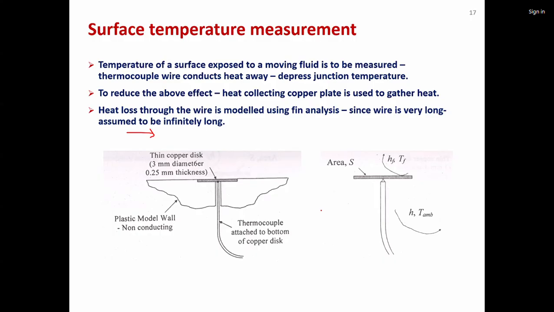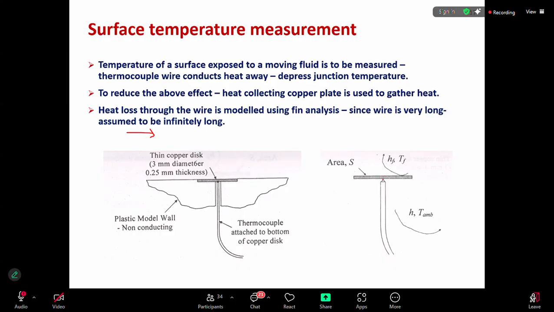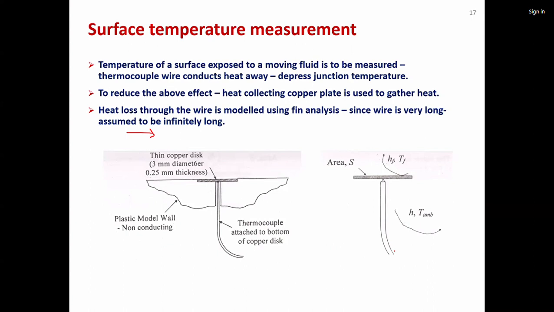because the fin is nothing but an extended surface. The purpose of this wire is basically to conduct heat from the spreader into the wire, and there is heat loss. What a fin does in a heat transfer application is provide an extended surface for heat loss into the ambient.